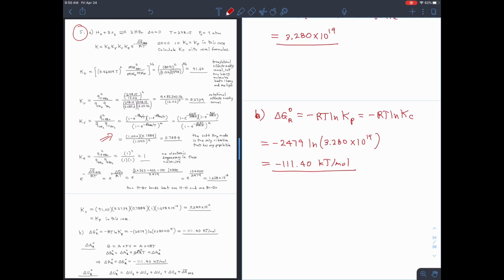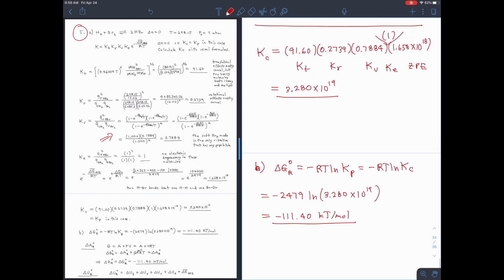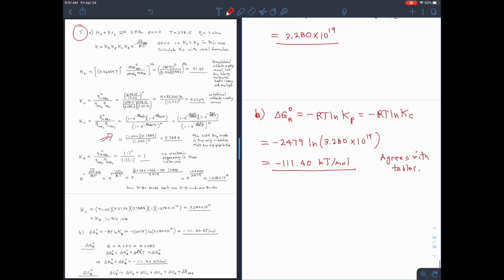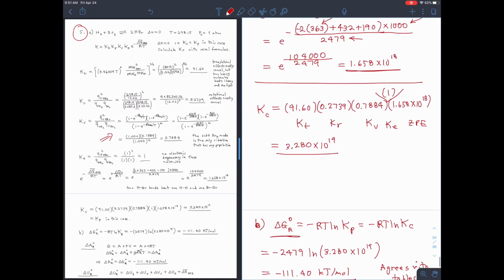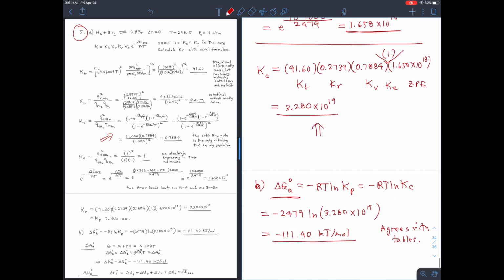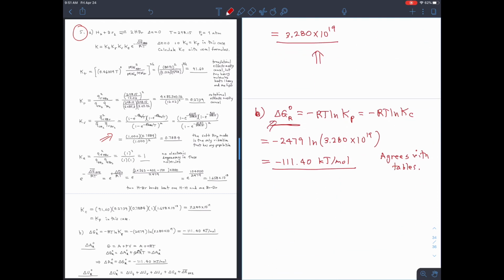Again, I won't calculate it actually, but if you do the calculation from the tables, that value agrees now pretty well. And this is the first value that we've been able to compare to the tables, right? We really don't have an equilibrium constant to compare, but we do have a delta G value that we can compute from the tables, and that does agree now.